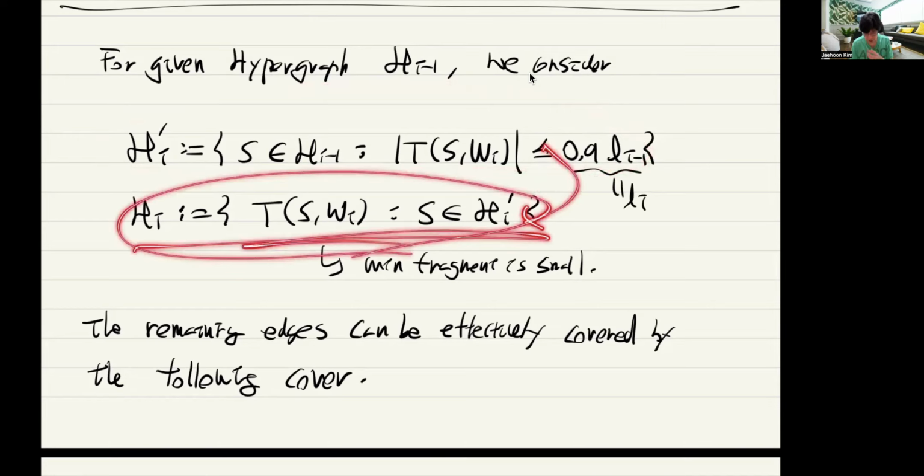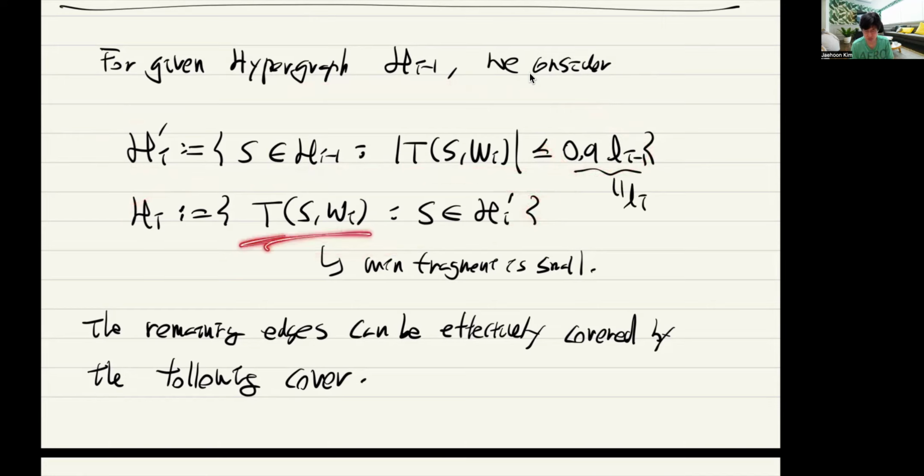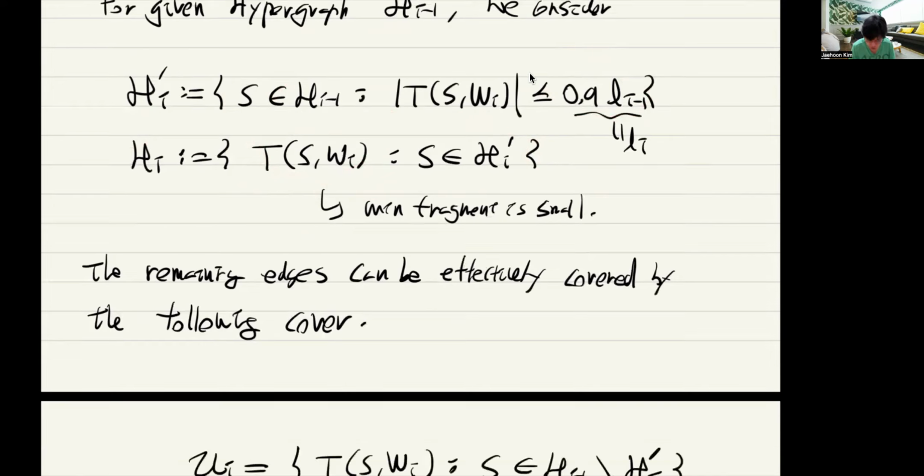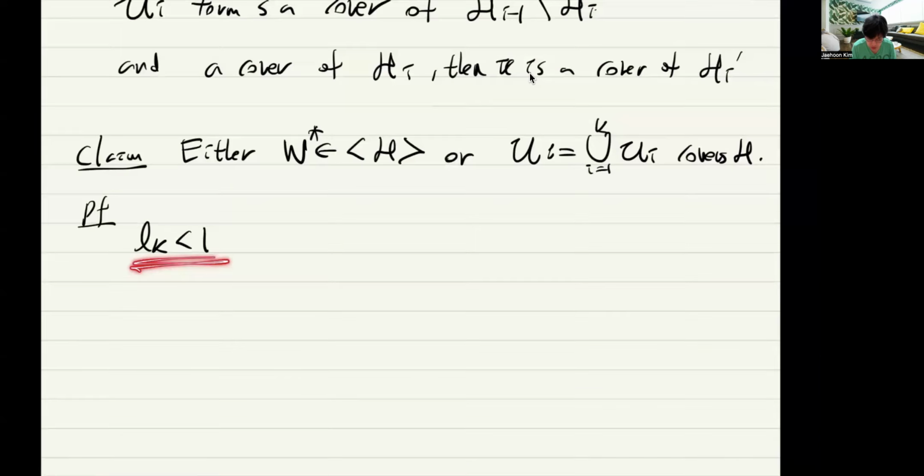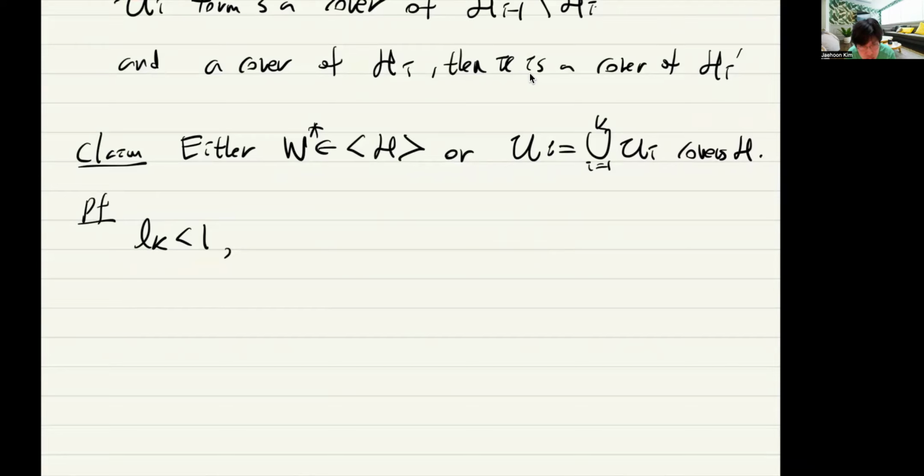So everything here has size at most L_i. So this definition ensures that the next time your hyperedge is L_i bounded. And then it keeps going down. And at that point, after k times, you have a hypergraph which is L_k bounded. That means edges there have size at most one.